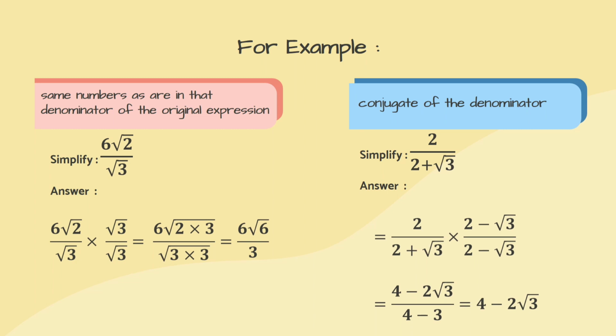The conjugate from this expression is 2 minus the square root of 3 over 2 minus the square root of 3. So, if we multiply this expression with the conjugate, we will get 4 minus 2 times the square root of 3.